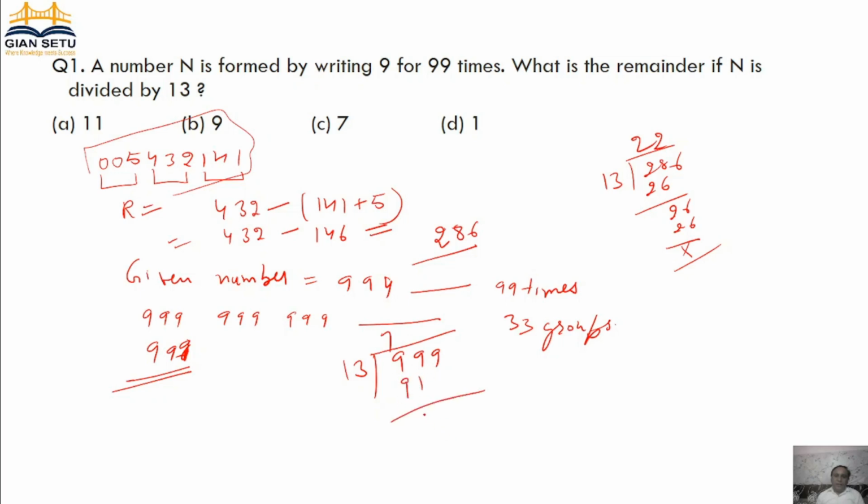Now we get here 8, 9, then we get 11. So if we divide this given number by 13, we will have a remainder of 11. Okay, so right answer is A here.